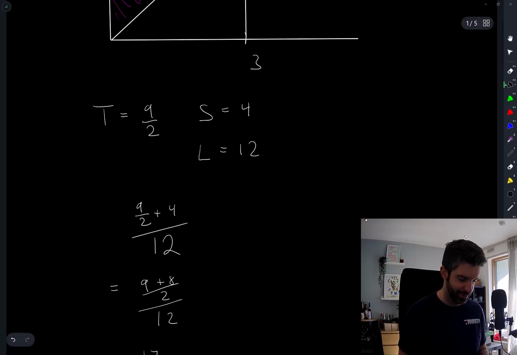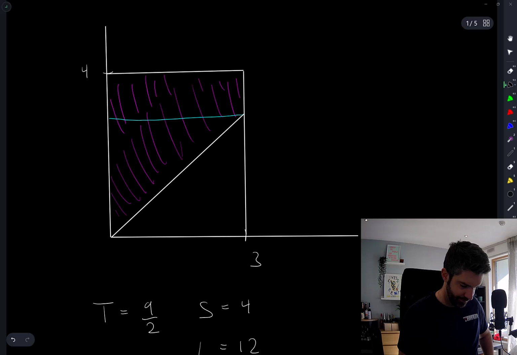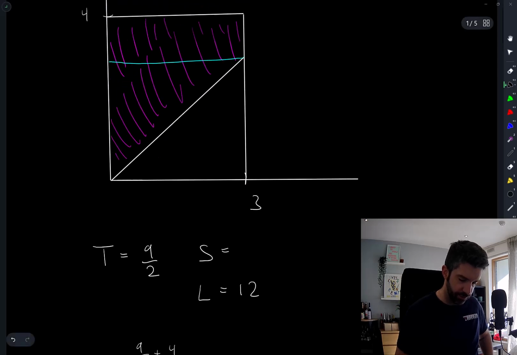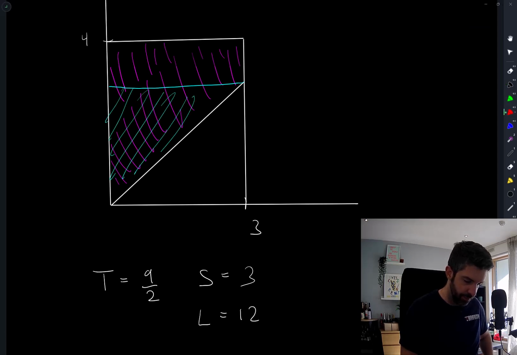What have I done wrong? Oh, the small rectangle does not have an area of 4, it has an area of 3. So the triangle has an area of 9 over 2.